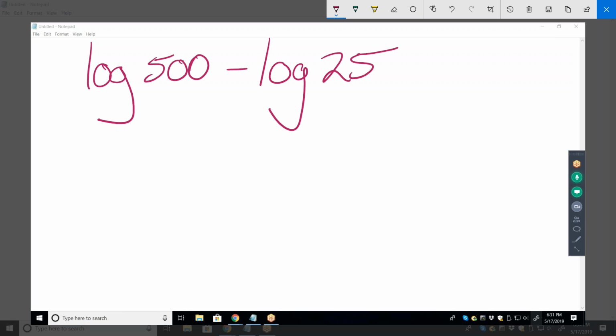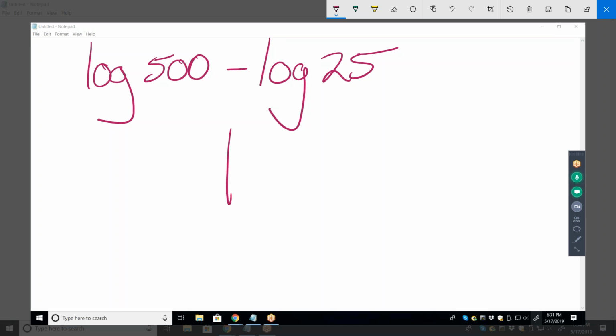Notice I didn't write the h, because it doesn't matter. It can be log base anything. The whole reason they're putting in h is to tell you that it could be log base 10, it could be natural log, it could be log base 7, it could be log base anything. So I'm just going to leave the h out to avoid having to write much.